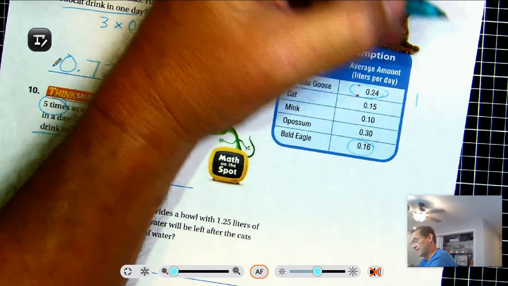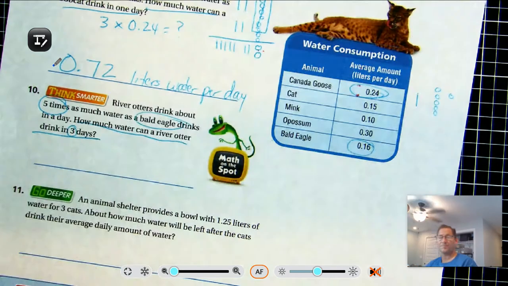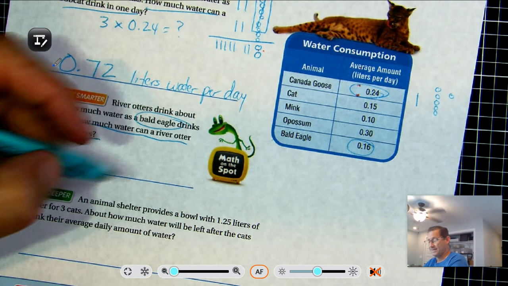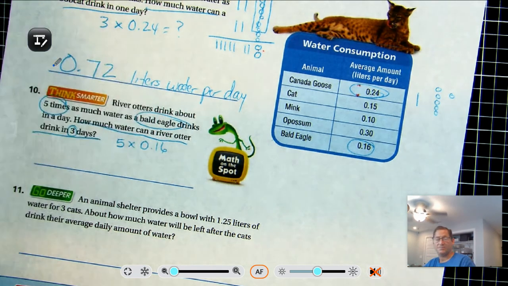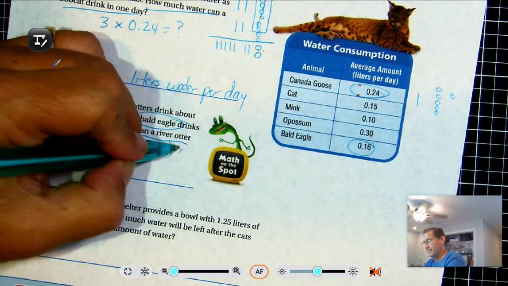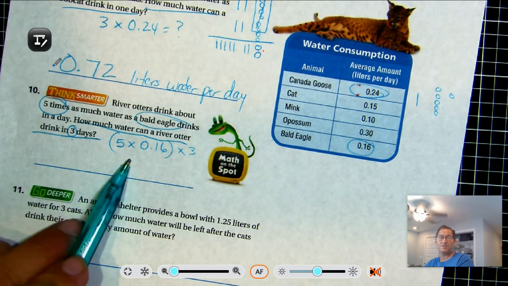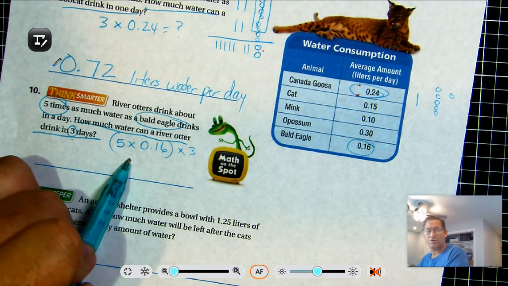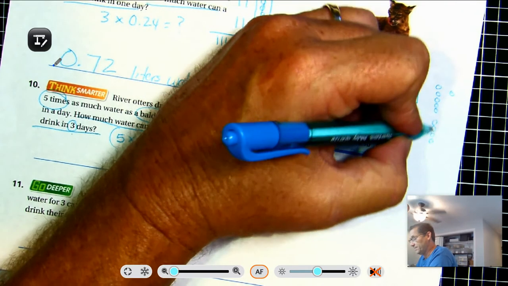So 10 and then 6 hundredths. 1, 2, 3, 4, 5, 6. It said the otter drinks 5 times as much in one day, and then we also have to multiply by 3 because it's 3 days' worth. So let's just figure out how much the otter drinks in one day. We're going to need 5 sets of 16 hundredths.